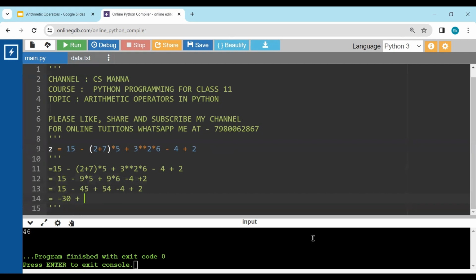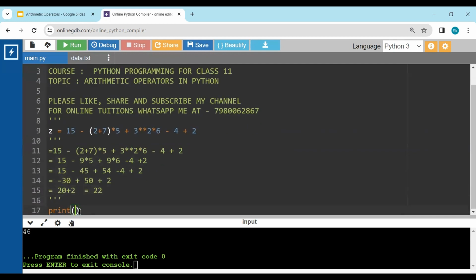We can do some of the values together, like I'm doing 50 and plus 2. Now we come to minus 30 plus 50, which is obviously 20, plus 2, which is 22. So if we print Z, we should get the value 22. So let's run it and see whether the value is 22 or not. So this is 22. I hope you understood this part.